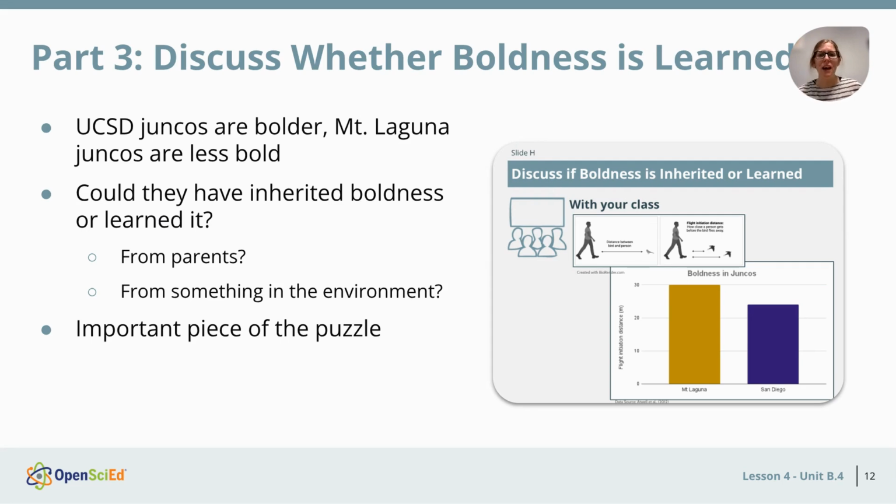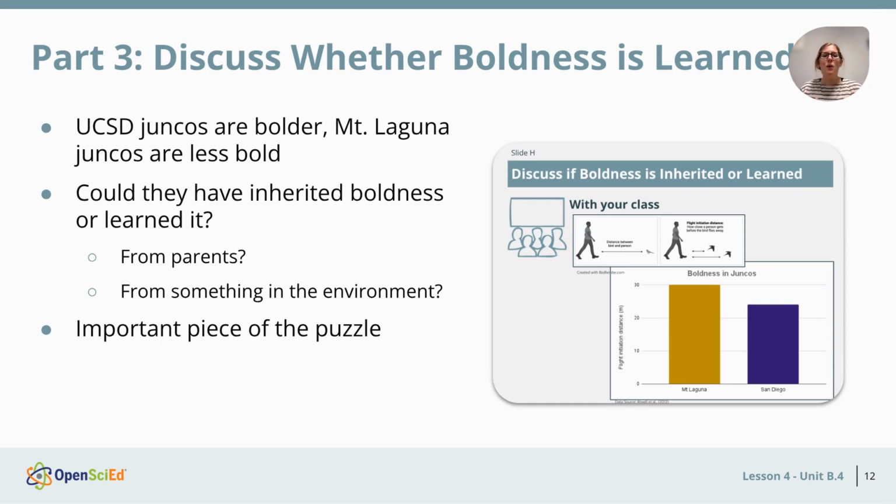So starting with part 3, after exploring the UCSD and the Laguna campuses, looking at how the environments are different, we're going to discuss whether boldness is learned. And we're going to see some initial data that shows that the juncos in UCSD are bolder. I usually have to explain this to my students: what are we measuring with boldness?